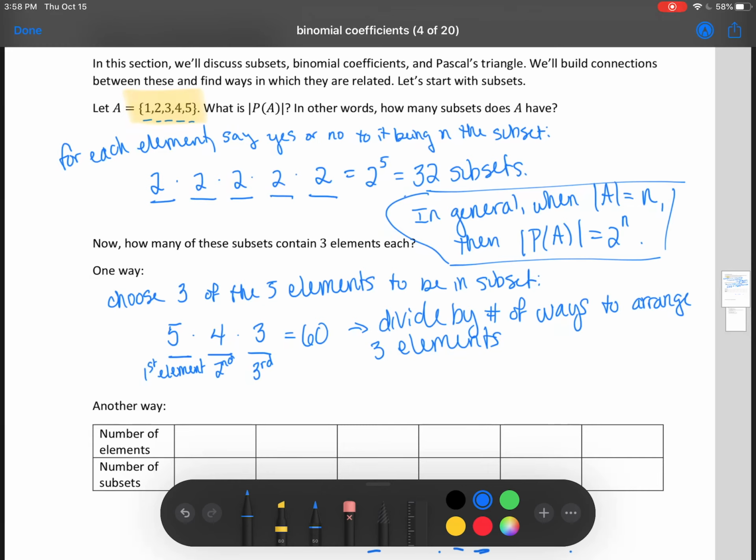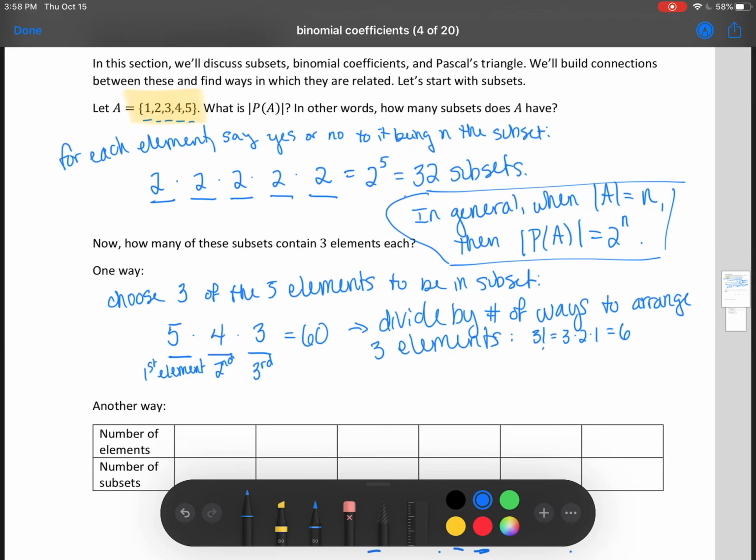The number of ways that we could arrange 3 elements would be 3 times 2 times 1, or 6, which is the same as 3 factorial, if you might have learned that from another class. If you're a little bit lost on this part, don't worry, we are going to get to a second way to count this. And when we finish up this section with Pascal's triangle, we'll get even another way to count something like this.